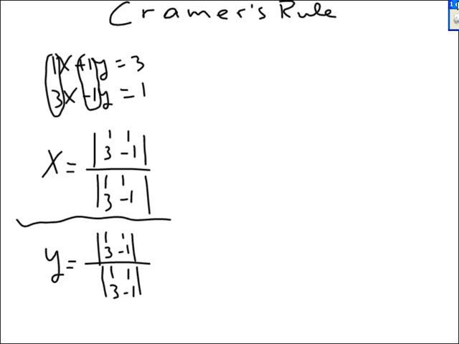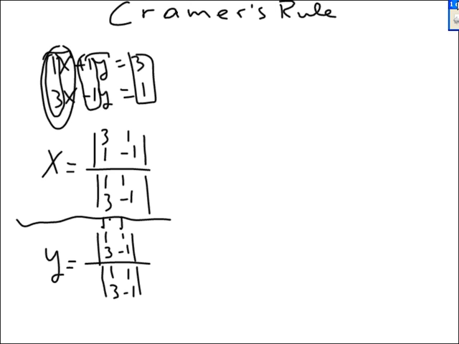If you're solving for x, don't use those numbers on the top. Use the right-hand numbers for the first column, the x column, and then the y column. For the x column, don't use the numbers in front of x. Use the right-hand numbers. You want to solve for y? In the top, remember, first column is x, second column is y. How do I know?